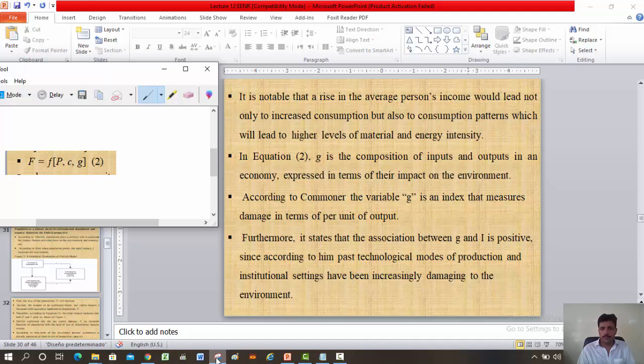According to Commoner, the variable G is an index that measures damage per unit of output. Furthermore, the association between G and I is positive since, according to him, past technological modes of production and institutional settings have been increasingly damaging to the environment.